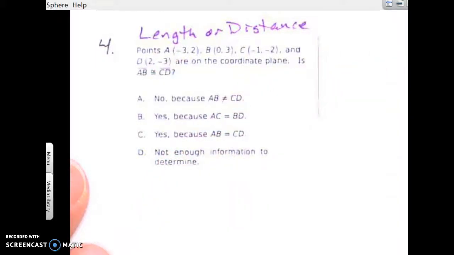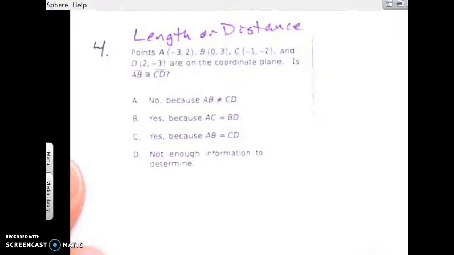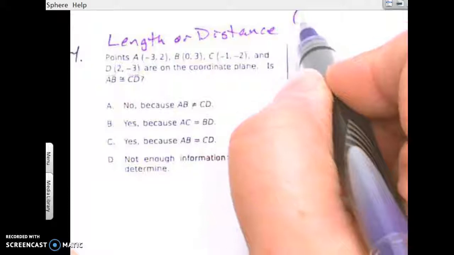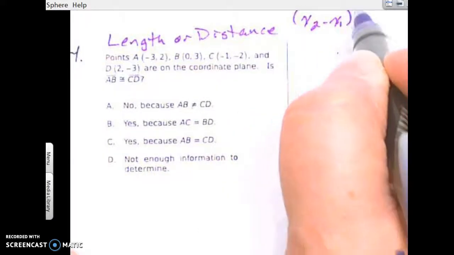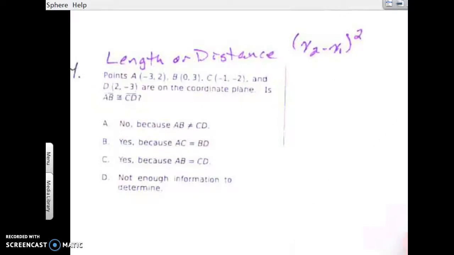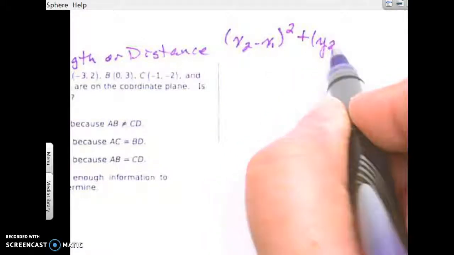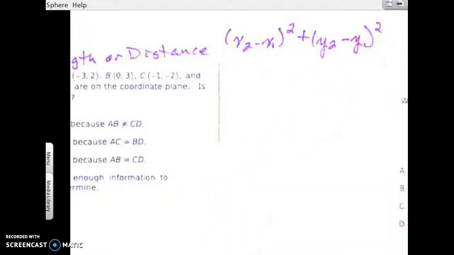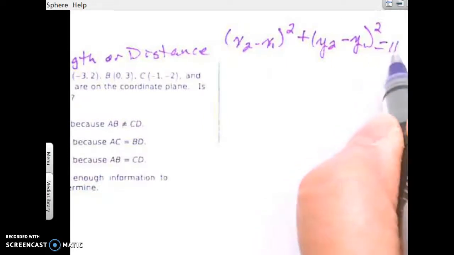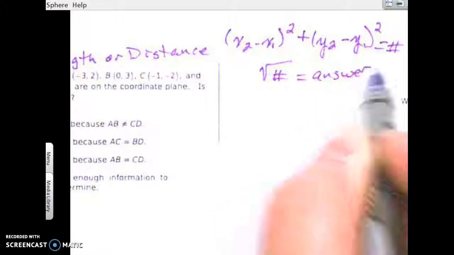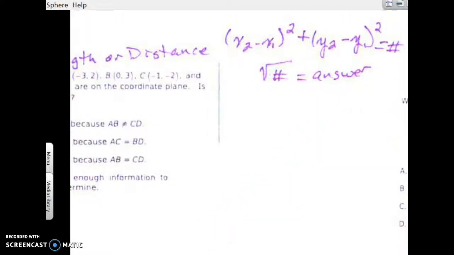My distance formula says I'm going to subtract the x's, square them, subtract the y's, square them, and add those two things together. So if I'm looking at that distance formula, first I want to take my x2 minus my x1, square it, add it to my y2 minus my y1, square it, I get a number, and my second step, I square root my number to get my answer. I need to do that for AB to find its length and for CD to find its length.